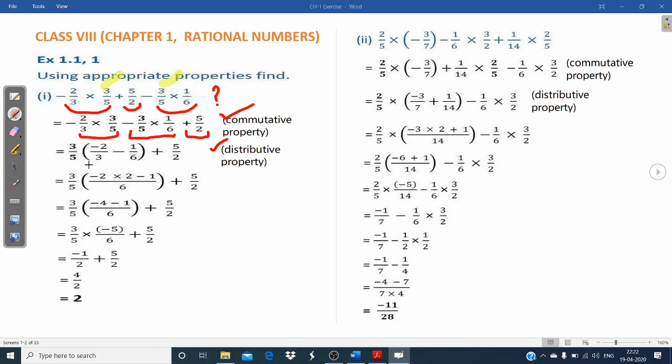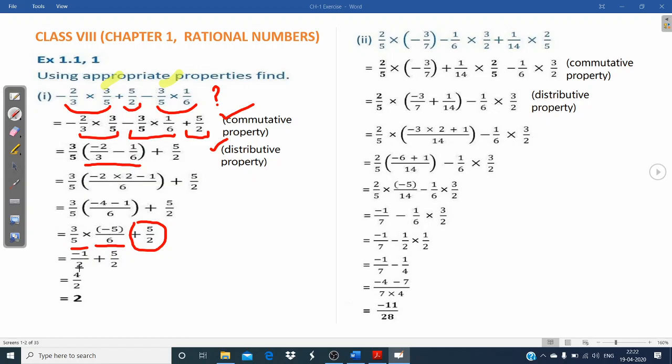Now, next step, we have to solve this bracket. By taking the LCM, you will get minus 5 by 6, plus 5 by 2 as it is. Now in the next step, when you multiply, 3 ones are 3, 3 twos are 6, and 5 will be cancelled out.